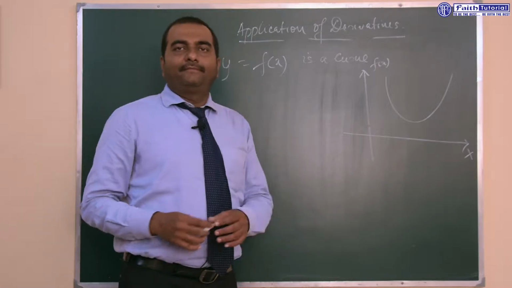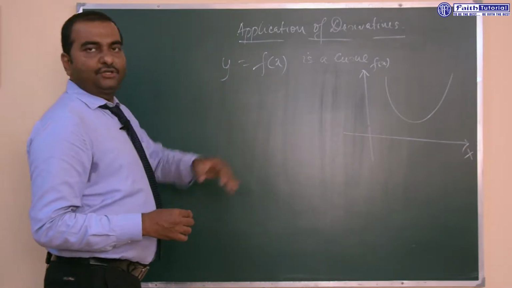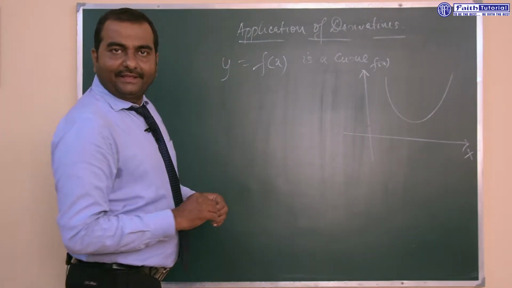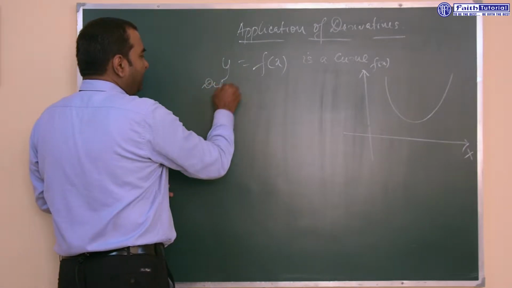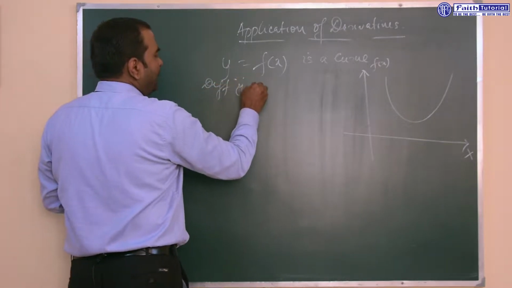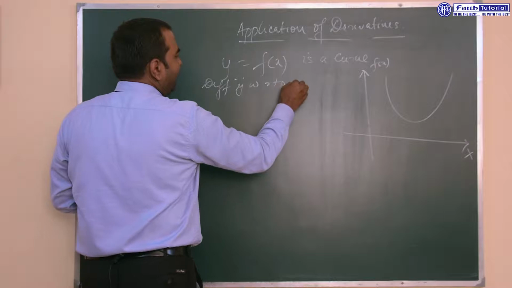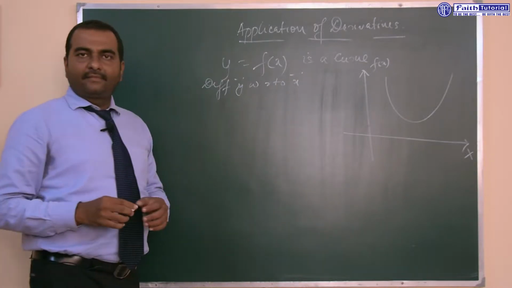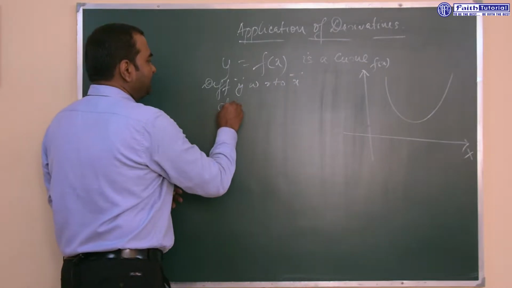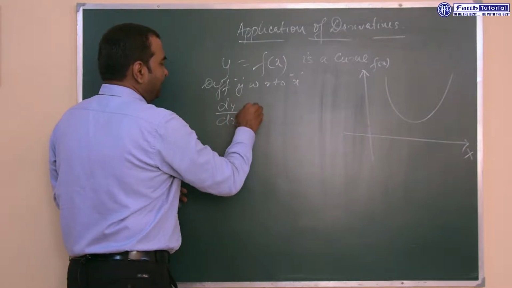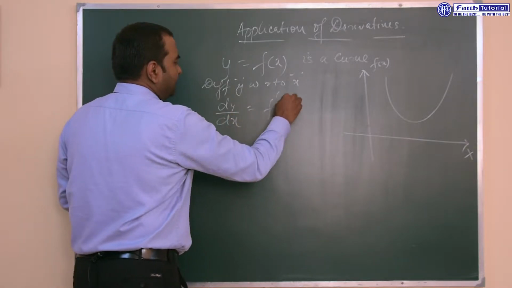The first thing, when we are talking of this function and differentiating it, what exactly do we say? Differentiating y with respect to x. The term goes as dy by dx, that's f dash x.